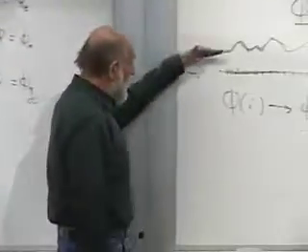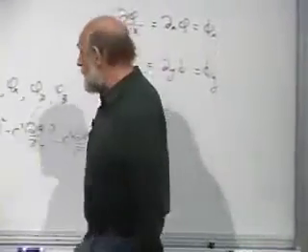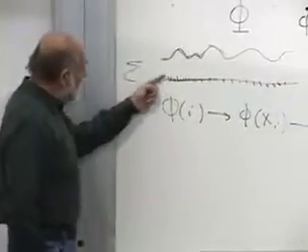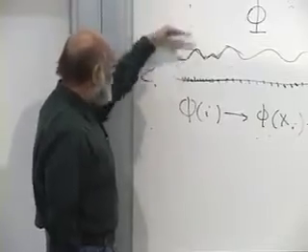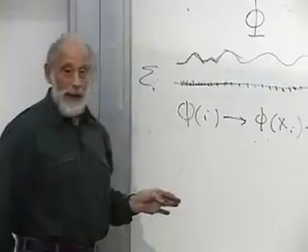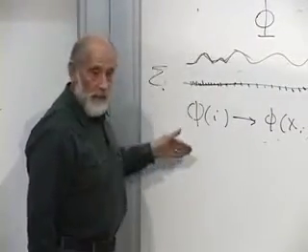There could be things which depend on phi itself without derivatives. It's a perfectly rational thing to put into a Lagrangian. For example, each one of these particles could have an energy which depends on its height. Not on the difference between neighboring heights, but there could be a term in the energy which would just depend on the height of each particle.